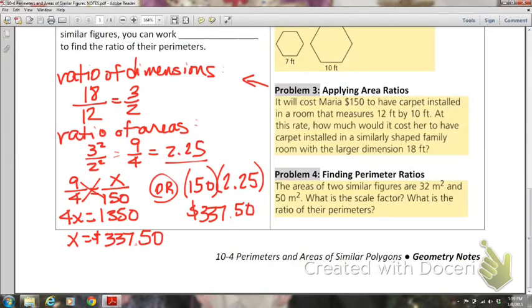So you can work that either way. You can either set it up as a proportion, or you can set it up and multiply it times that ratio of the areas as a decimal.